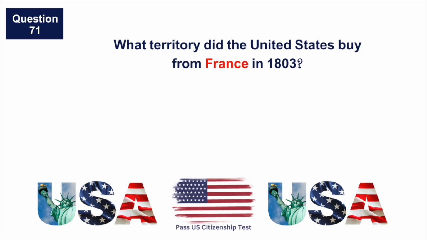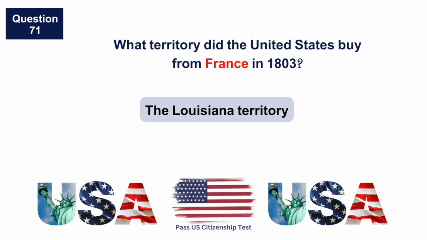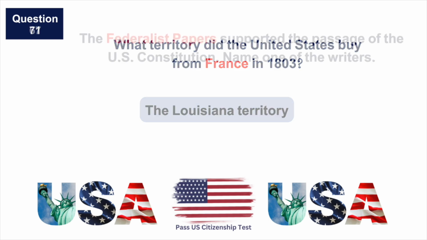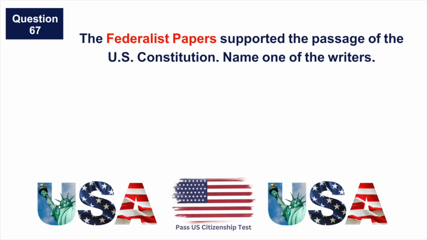What territory did the United States buy from France in 1803? The Louisiana Territory. The Federalist Papers supported the passage of the U.S. Constitution. Name one of the writers. James Madison.